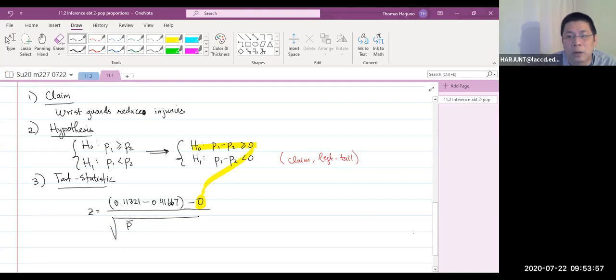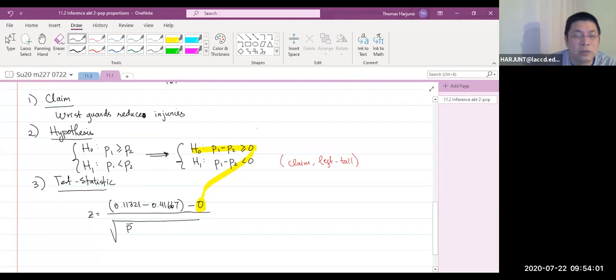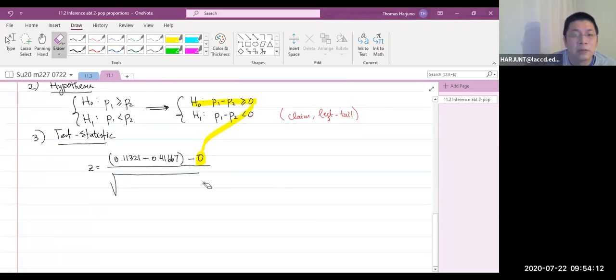What is my P bar? 0.31677. So 0.31677 times 0.68323 over 53.